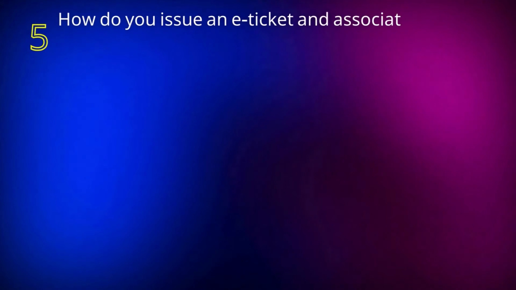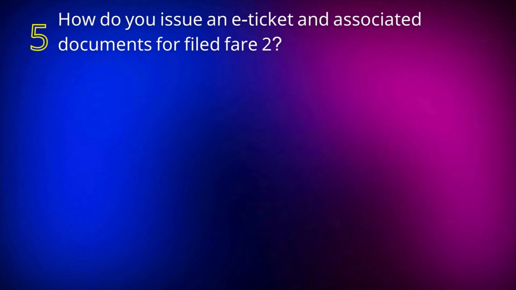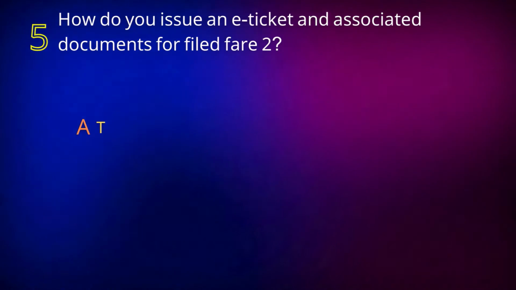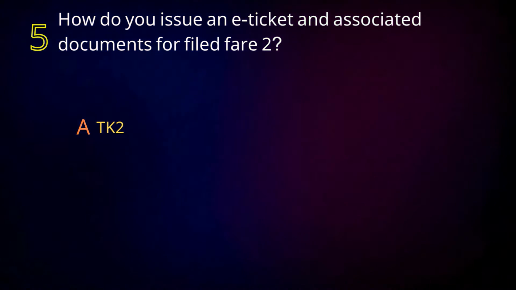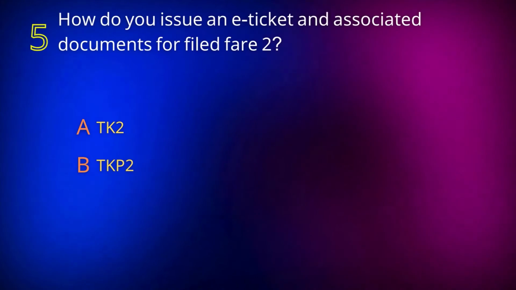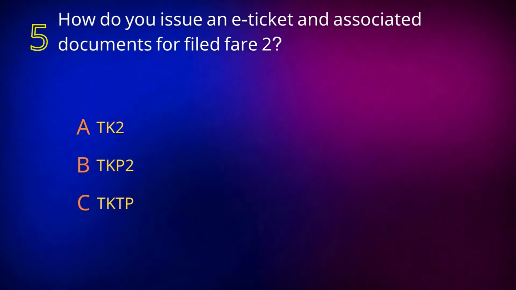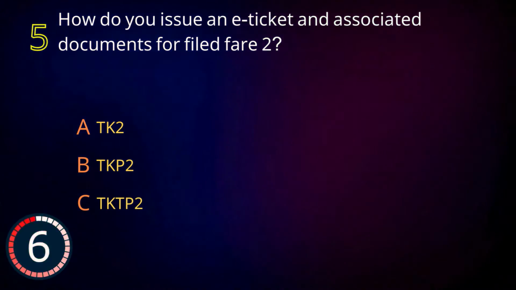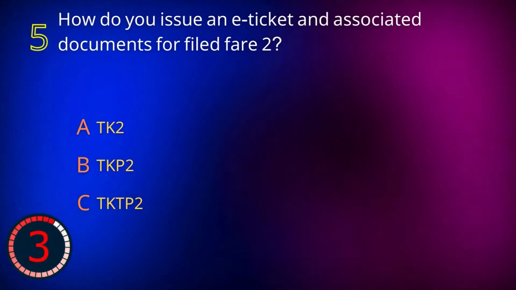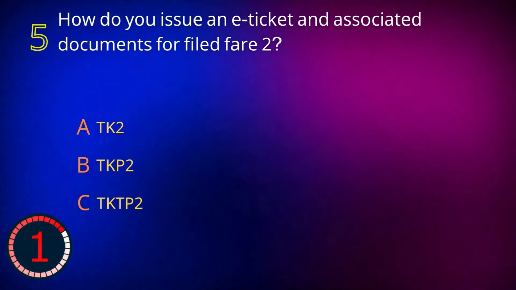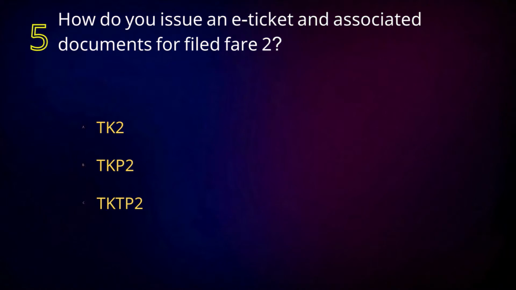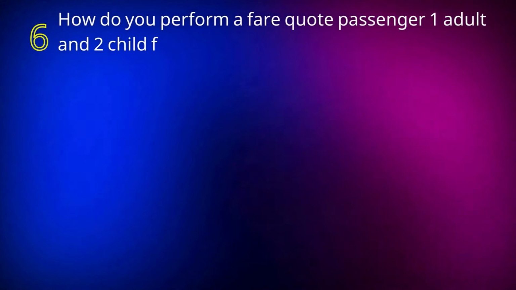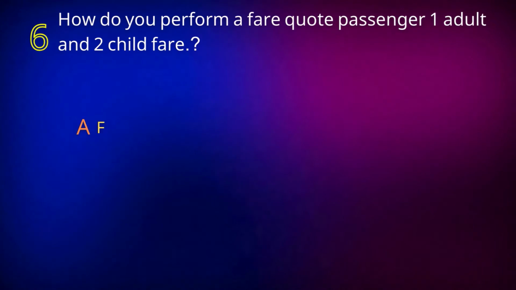How do you issue an e-ticket and associated documents for 5 Fare 2? How do you perform a fare quote passenger 1 as adult and passenger 2 as child fare?